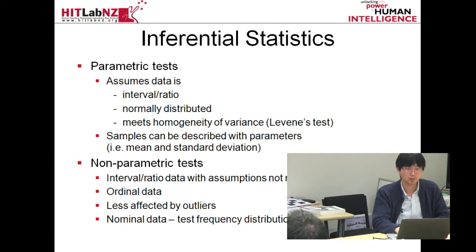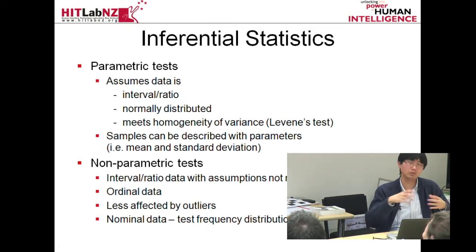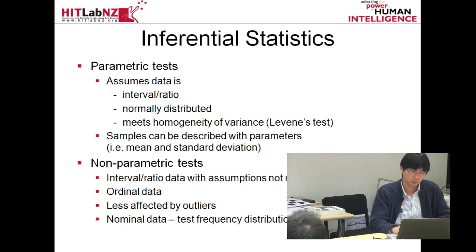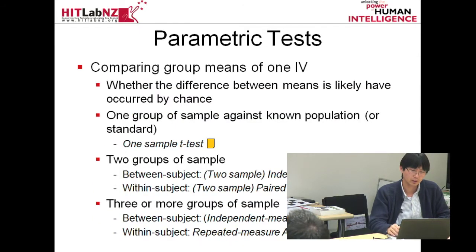And in some of those cases, there are more complicated statistics where you transform the data set by applying some transformation functions, making it look normally distributed, and running the test and so forth. But I won't go into that much detail since we don't do those in many cases in HCI. So first we go through the parametric test.